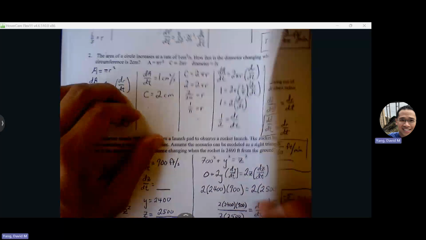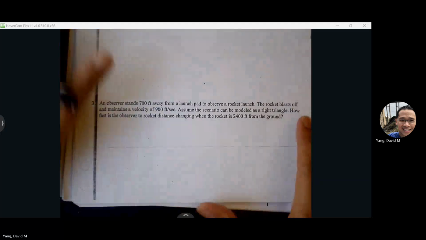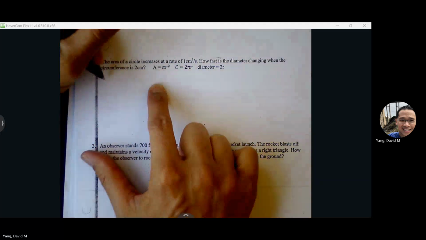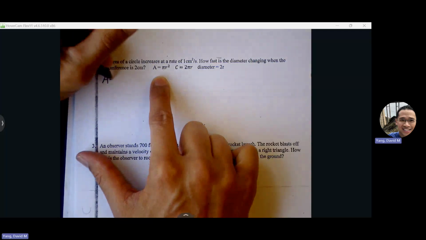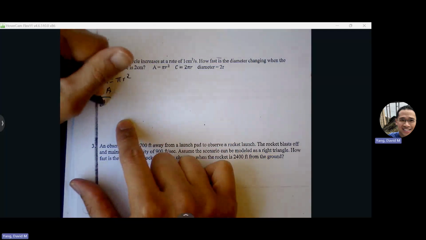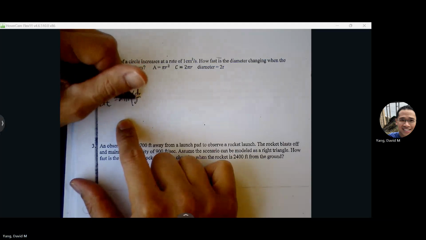Let's see if I can work through this one so you guys can see all the steps. I just want to get the derivative out of the way in case I need it. So dA/dt equals 2 pi r dr/dt.